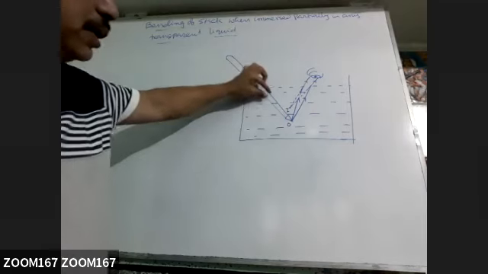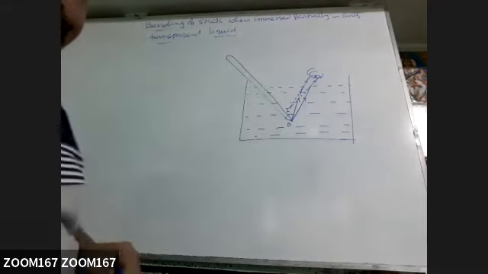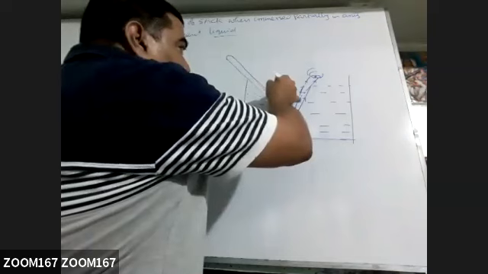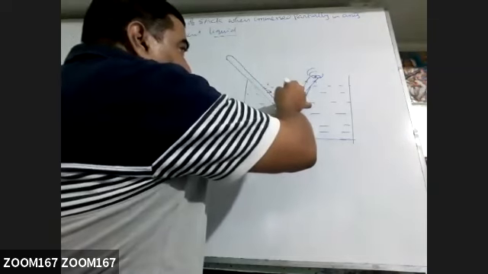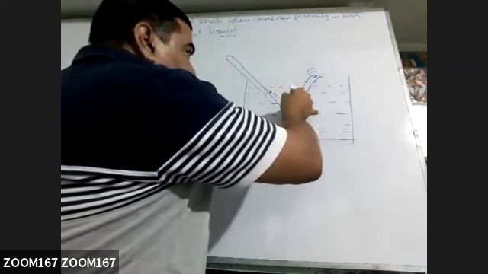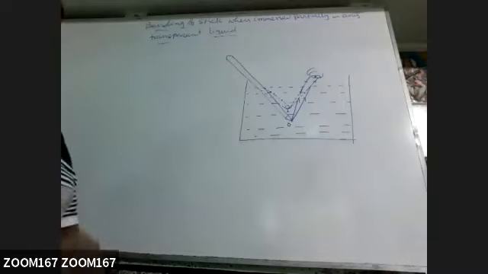So naturally this immersed part will appear within this region only. So we will draw this line. Suppose this is, so this is the position of the image.